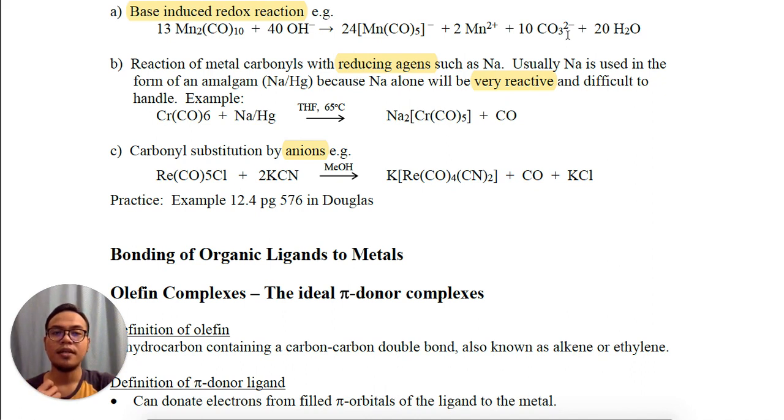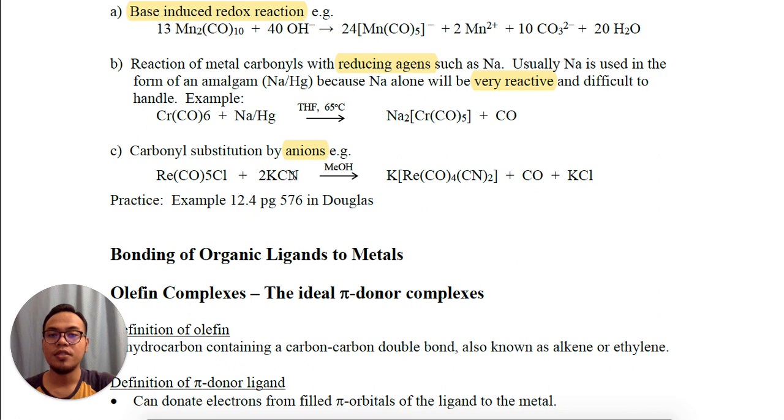So that's why it must be used in the form of amalgam. So when you use this with THF, tetrahydrofuran, at 65 degrees Celsius, you're going to get your carbonylate complex here.